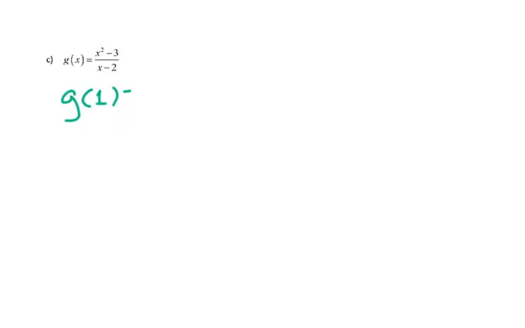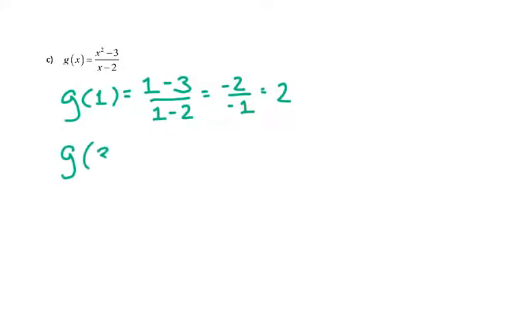g of 1 would be 1 squared, which is 1, minus 3, over 1 minus 2, and that's going to be negative 2 over negative 1, which equals positive 2. g of 3 will be 3 squared, which is 9, minus 3, over 3 minus 2.